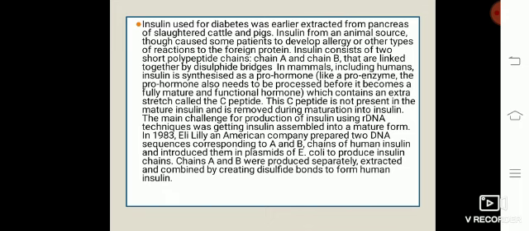I had already discussed plasmid, an extrachromosomal circular double-stranded DNA found in bacteria. The E. coli plasmids produced insulin chains A and B separately, which were extracted and combined by creating disulfide bonds to form human insulin. In this way we make insulin, and it is also known as Humulin, because it is human insulin.